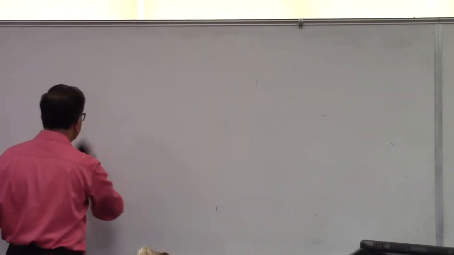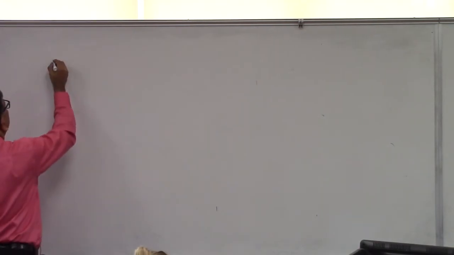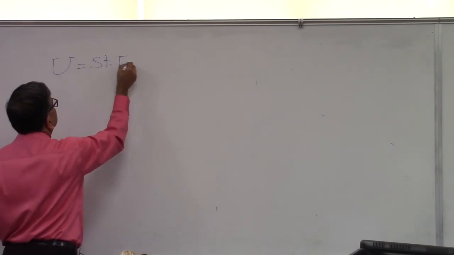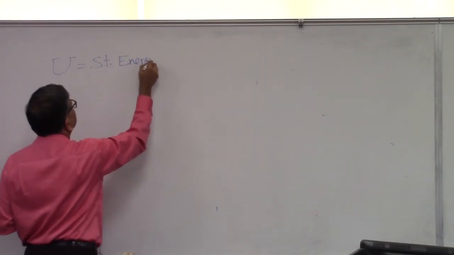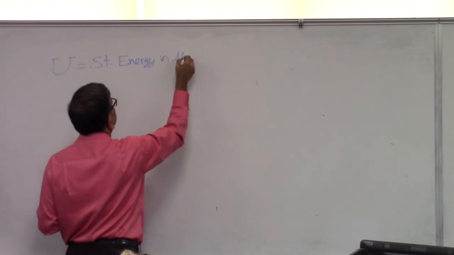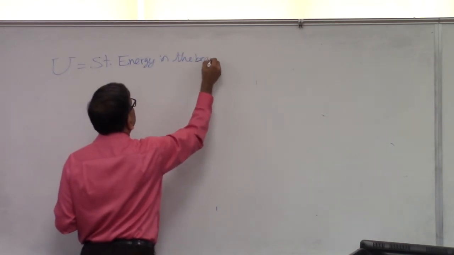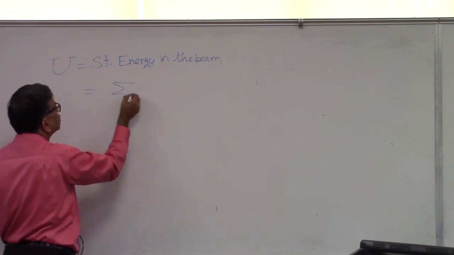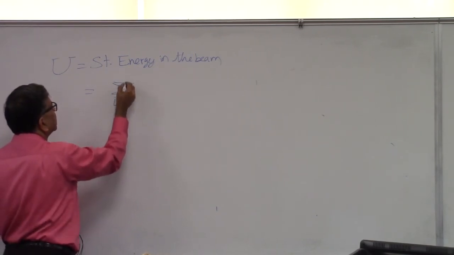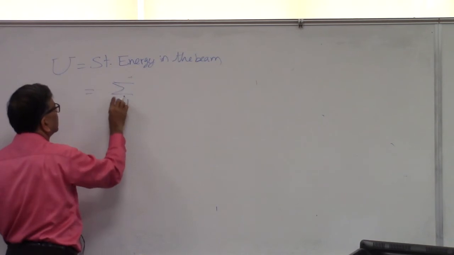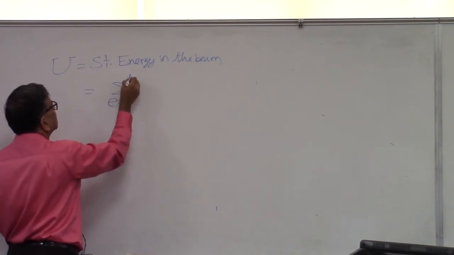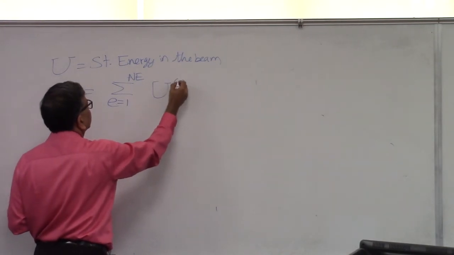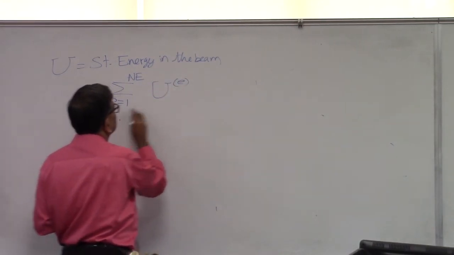So what we are going to do, the first step is to calculate the strain energy in the beam. This is the strain energy in the beam. Now energy is a scalar quantity, so that can be thought of as the sum from E equal to 1 to number of elements NE of UE.